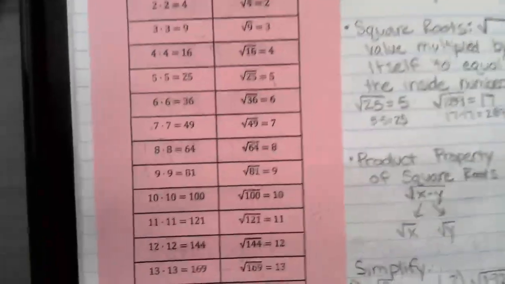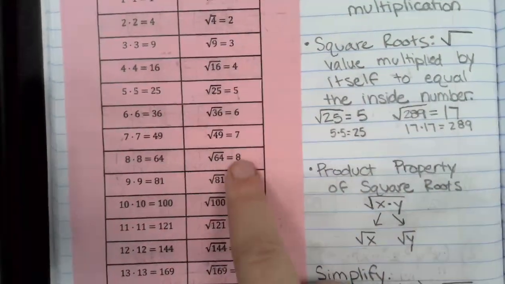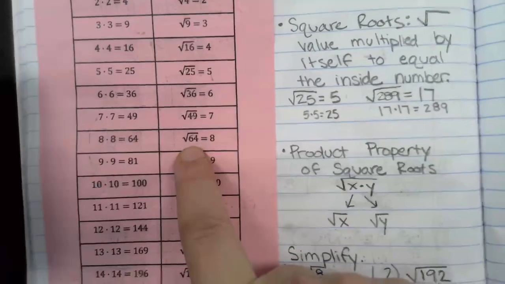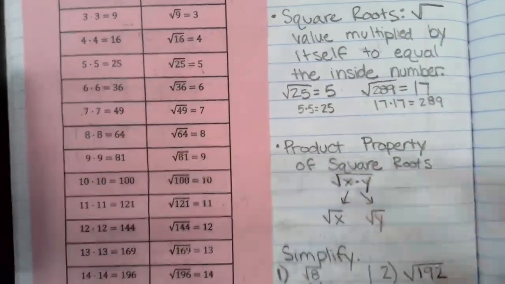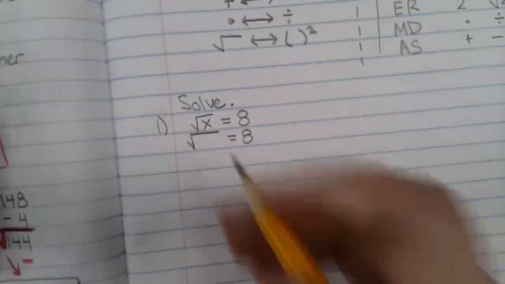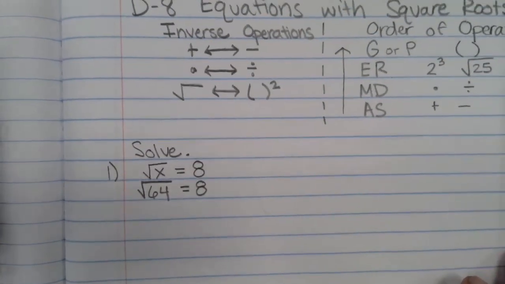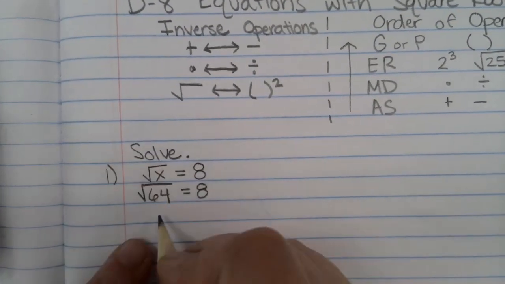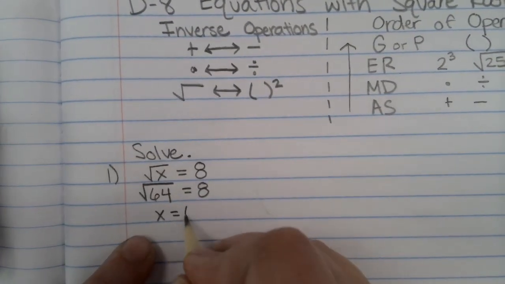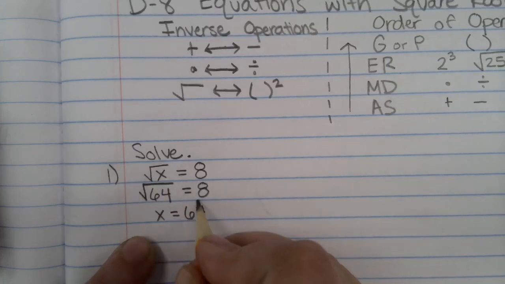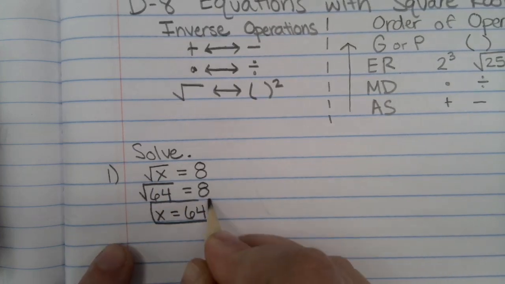The square root of what is 8? Yeah, 64. So when I see that square root of 64 is 8, I know the inside is supposed to be 64, which means the x is 64, because the x is what's on the inside.